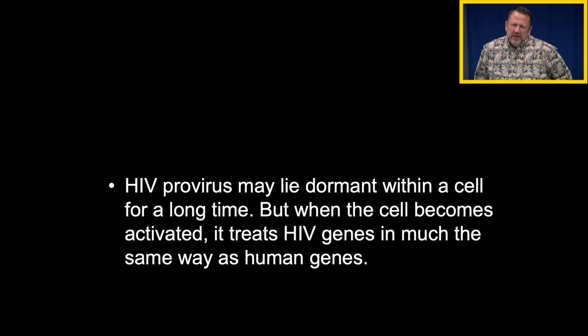All right, well, that HIV gene, that HIV provirus, it can lay dormant within a cell for a very, very long time. But when the cell becomes activated, it'll treat that HIV gene the same way it treats the human genes, and then we start making copies of this virus.